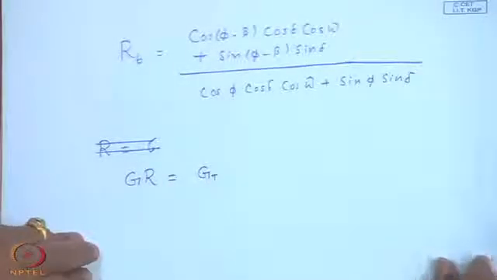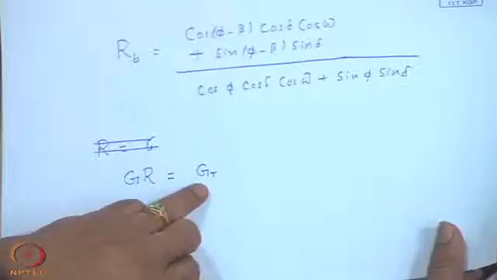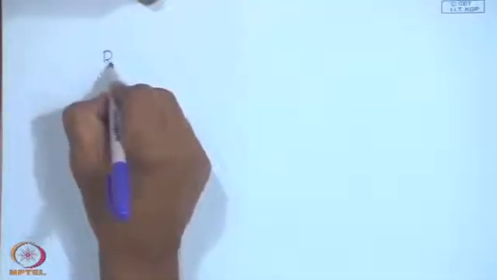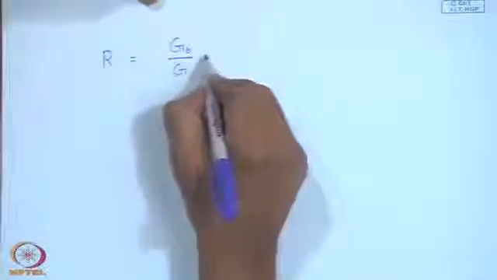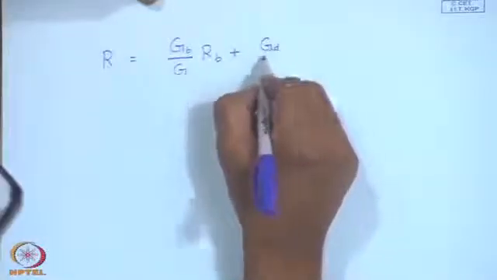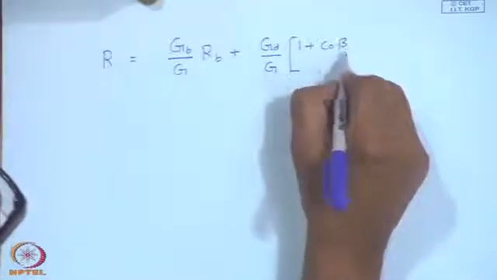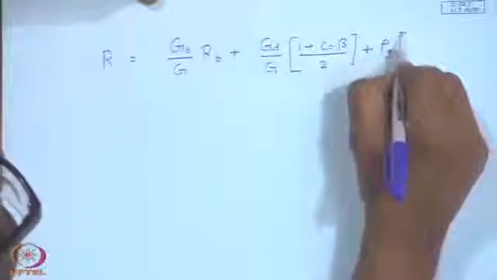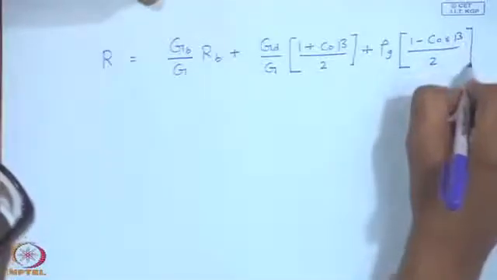G T, the total tilted radiation, will be G into R, then that will be equal to G T. So, now I can define an overall R factor as the same thing I have written.